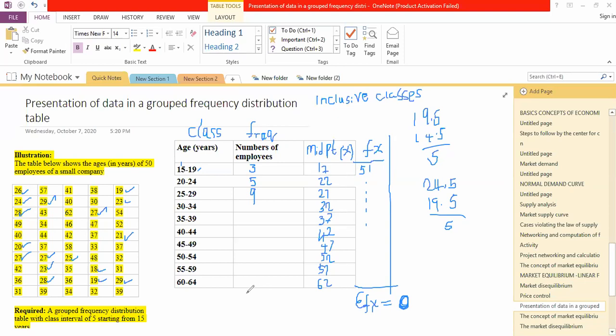You go back to the column frequency and again you find the total, the summation f, your number of observations. In this case, there were 50. You'd expect that once you have completed the table, the total for the column frequency will be equivalent to 50.